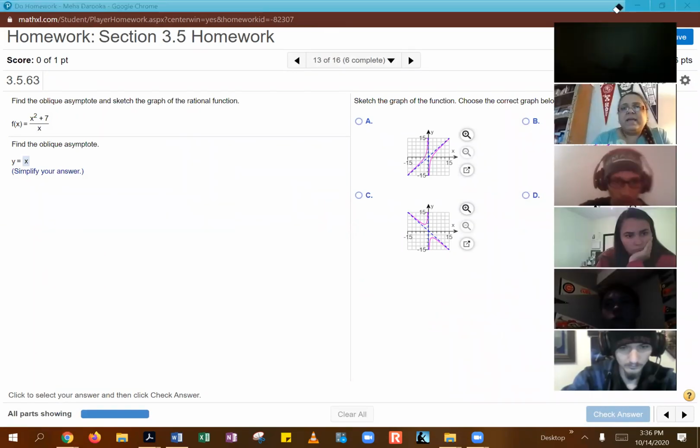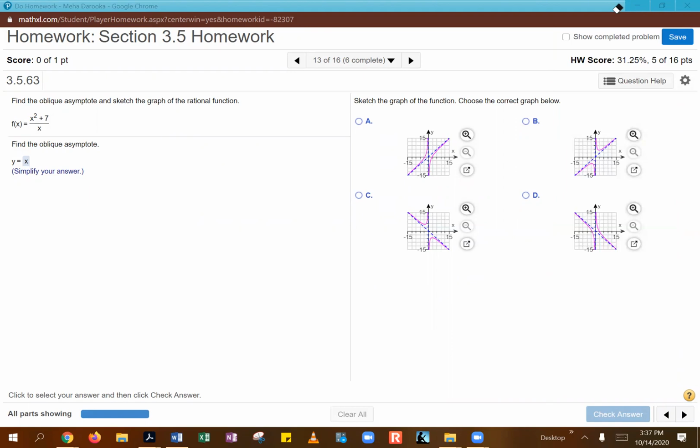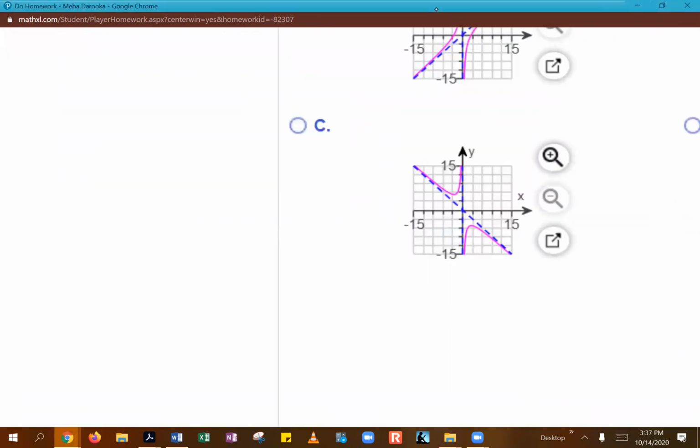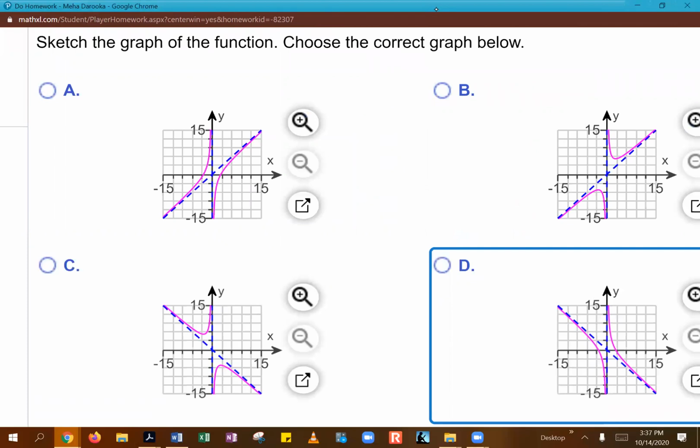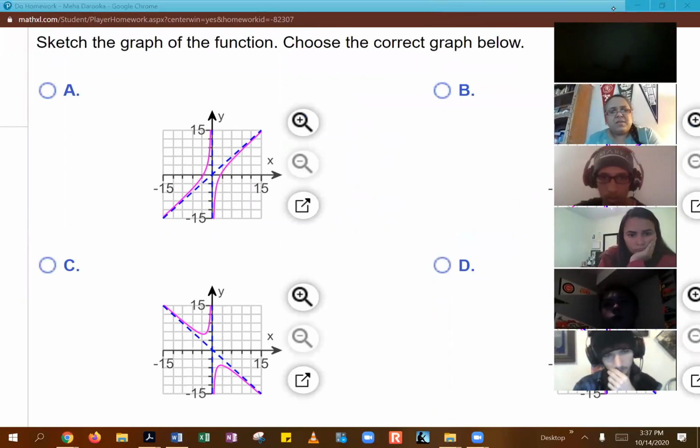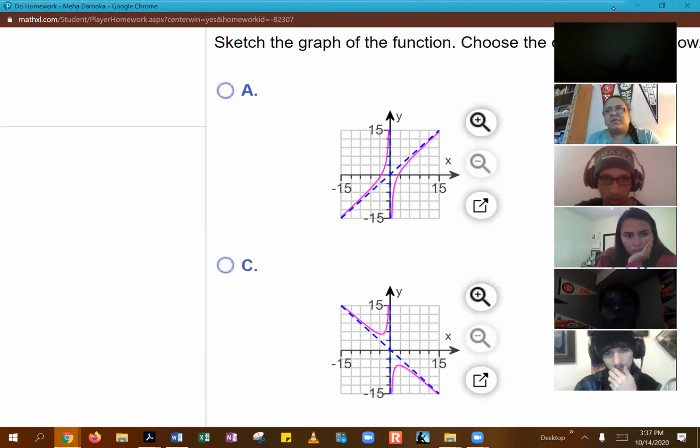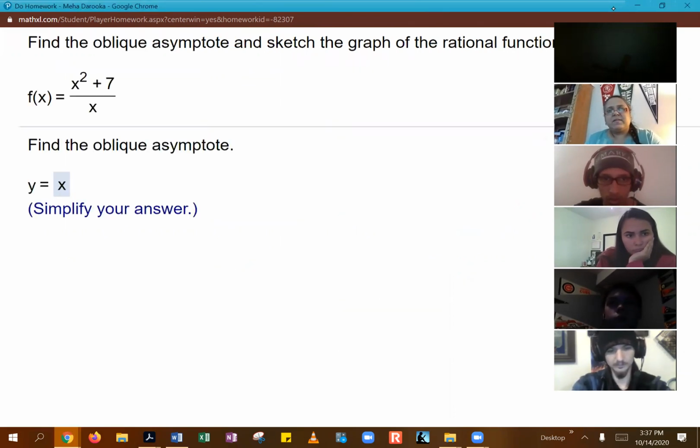And then between A and B, which one of those two do you think? If it will let me expand the graph. There we go. So out of A and B, which one do you think will satisfy our example over here? X squared plus 7 over x.